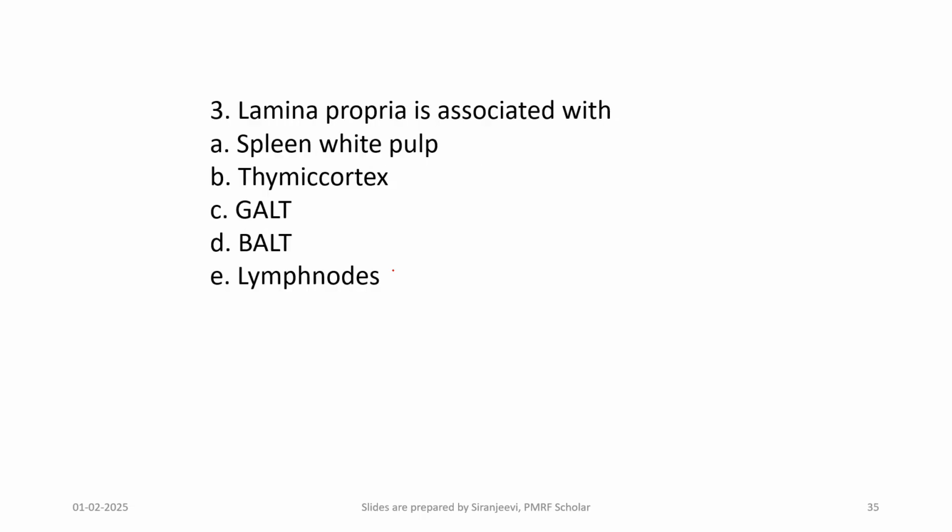Okay, next. Lamina propria is associated with which one? Spleen with white pulp, thymic cortex, GALT, BALT, lymph nodes. Lamina propria, where have we seen this word?